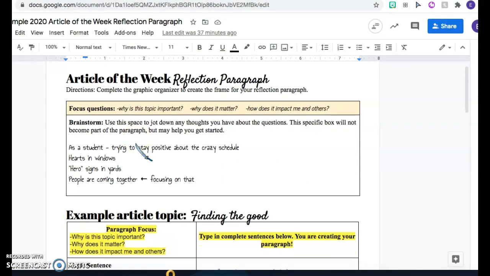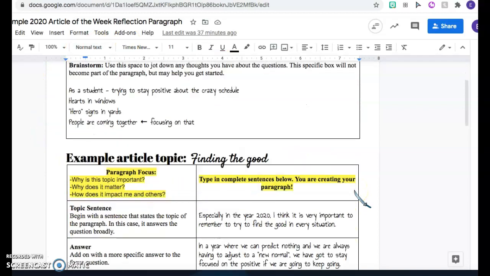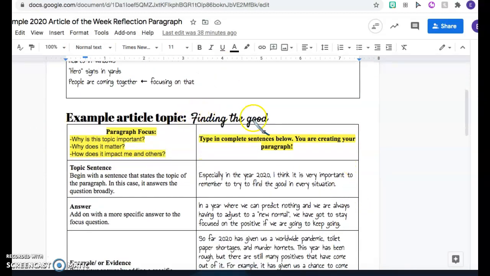I have given you an example graphic organizer that shows you what one reflection paragraph brainstorm might look like. This example article topic is not your example, so none of the content will sound familiar. But in this example, our fictional paragraph is discussing finding the good.